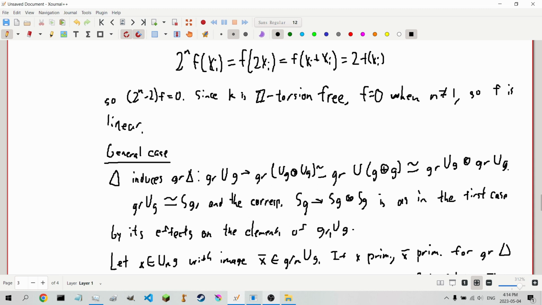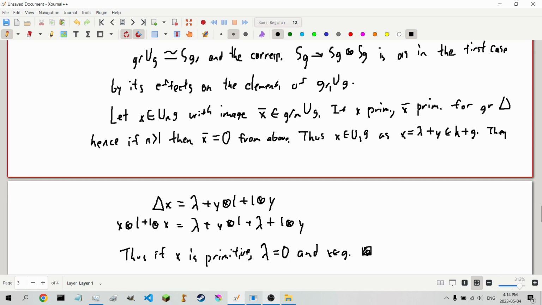If x is primitive, then x bar is primitive for the graded diagonal map. Hence, if n is greater than 1, then x bar, its image, is 0 from above. But yes, because these are all abelian, right?